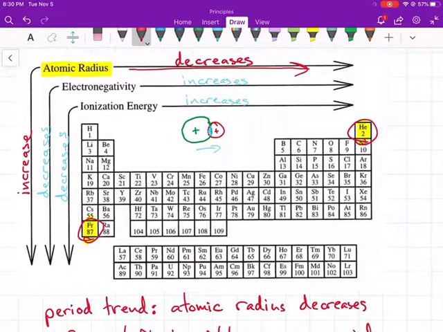It's super easy to remove an electron from francium. And then the electronegativity is the same trend as ionization energy, the only difference being that because the noble gases don't share electrons, they're already stable, we just kind of forget about them when it comes to electronegativity. And so instead of helium being the greatest electronegativity, it's actually fluorine, which is the one that's closest to helium that's not a noble gas.